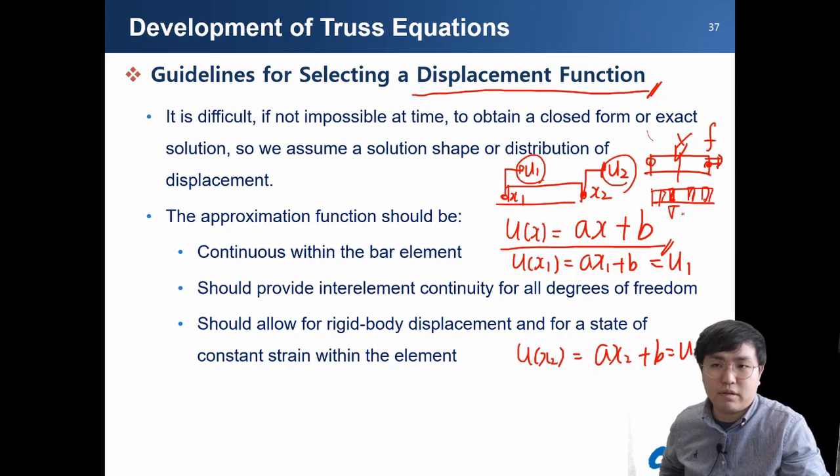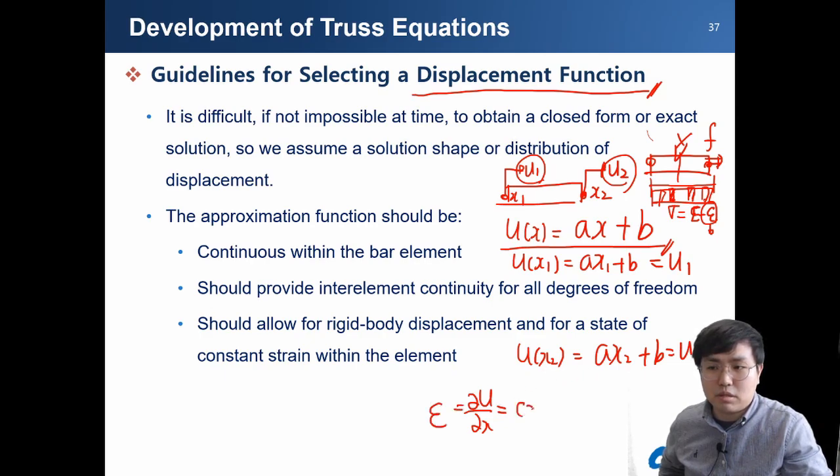They have similar or the same value because the strain is constant. The derivative of u is equal to the strain.